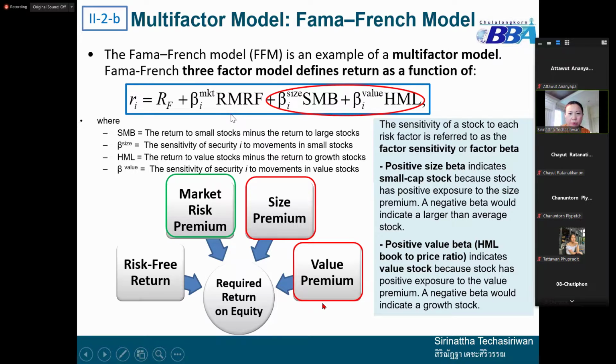And given the market beta, the size beta, and the value beta, you must be able to explain the characteristics of the company, whether it has below average or above average market risk, whether it is a small cap stock or a big cap stock. Small cap stock will have a positive beta. Whether it is a growth stock or value stock, right? Value stock will have a positive beta, right?